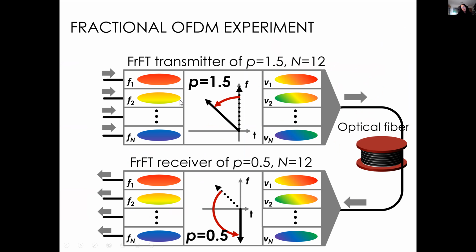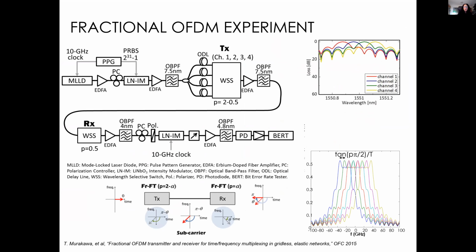So at the transmitter, we do not rotate fully from time to frequency, we rotate only halfway, 45 degrees. Then we transmit the signal, and at the receiver, we rotate back to go back to the same frequency domain.